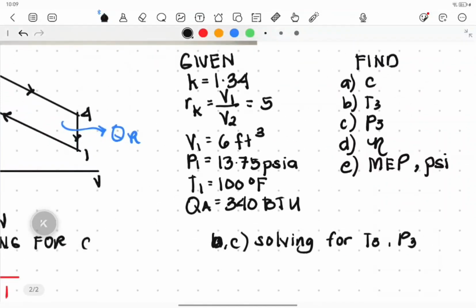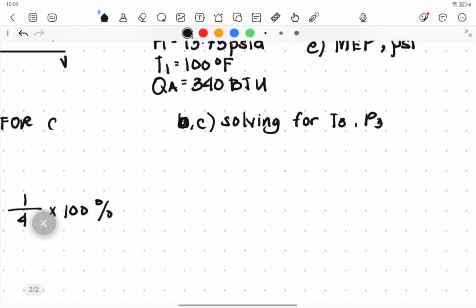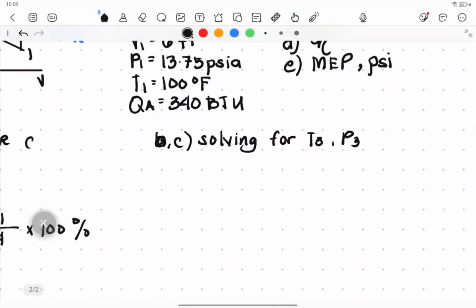First, we have to make some PVT relations. Let us find the mass first using PV equals MRT. We have to find the mass. So the mass is PV over RT.